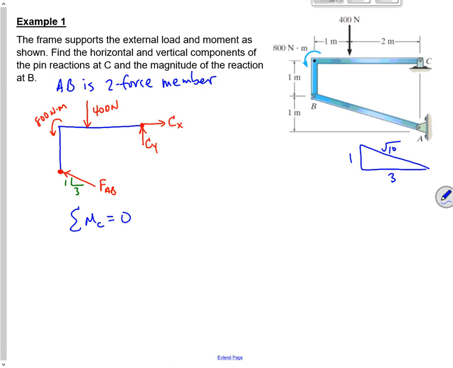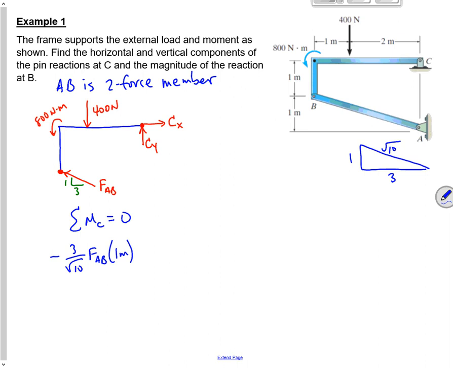The x component, I get 3 over the square root of 10 times FAB times 1 meter. That's the x component of FAB times the distance below C. That's going to make it rotate clockwise.